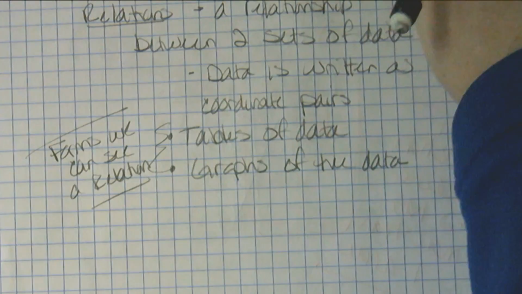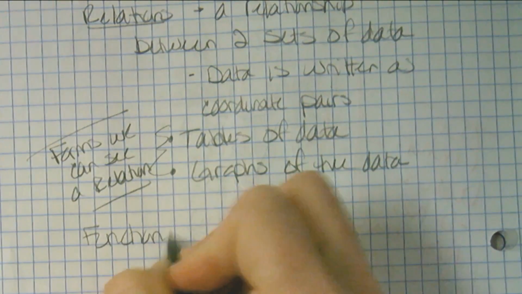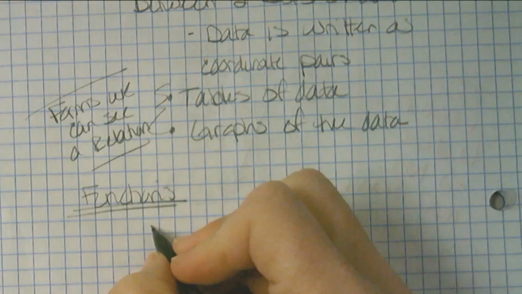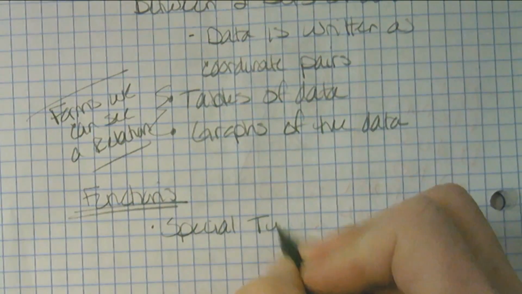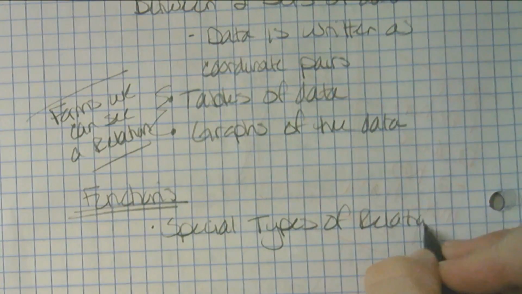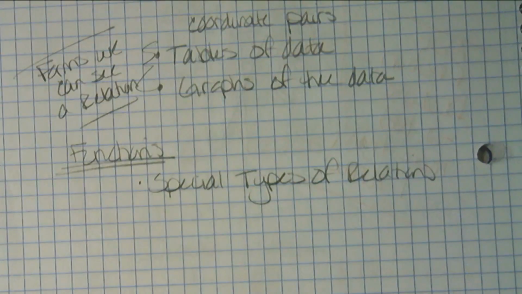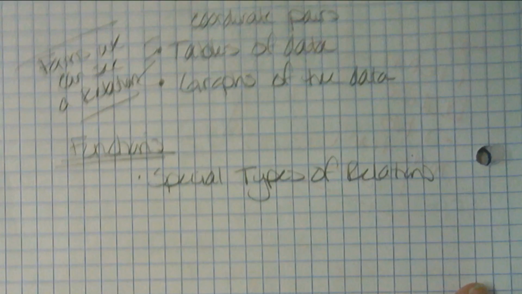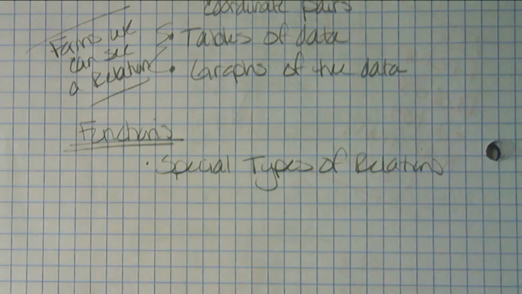Okay. Now, we talk about functions. Functions are special types of relations. Just like squares are special types of rectangles, they have a very specific characteristic that makes it a square.